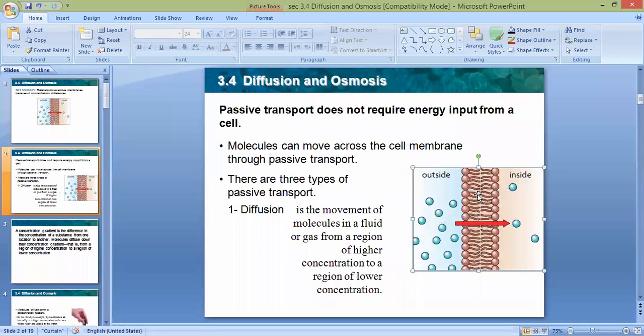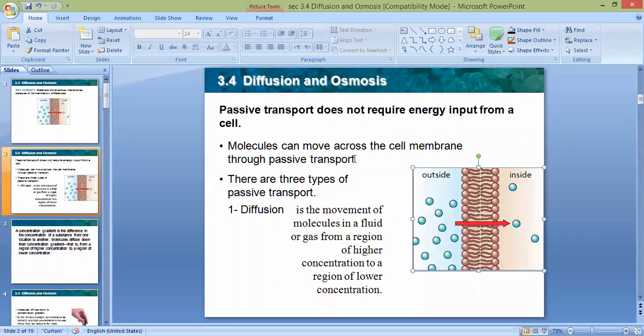Give me an example of molecules that can pass through the cell membrane by passive transport. Murad? Yes, I think small molecules. Small and non-polar, they must be non-polar. The polar cannot pass through the tail here because the tail is non-polar. Okay, so small molecules and non-polar molecules.